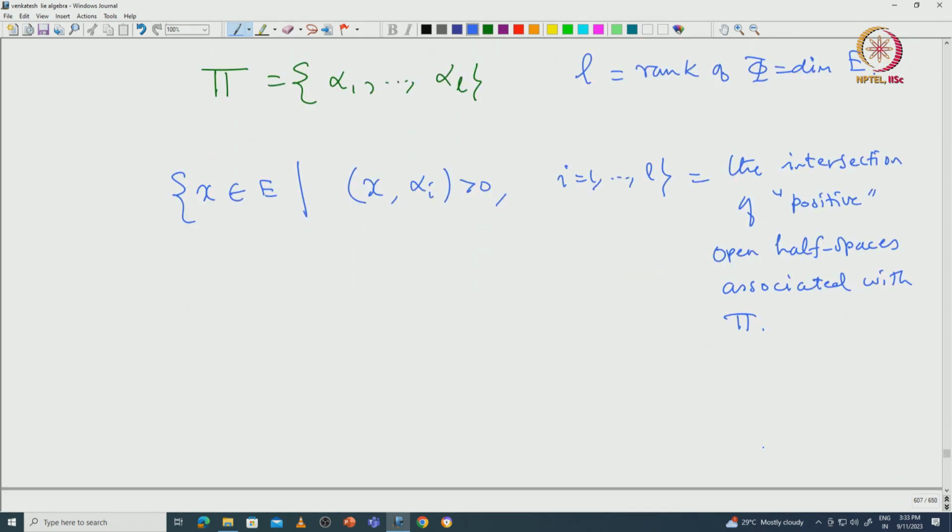Okay. So our claim is actually that this is non-empty.